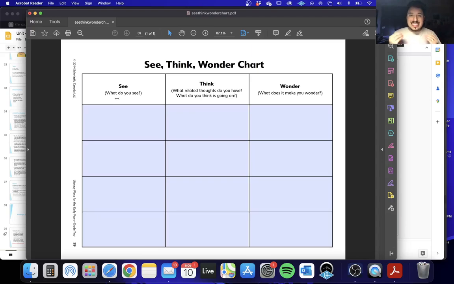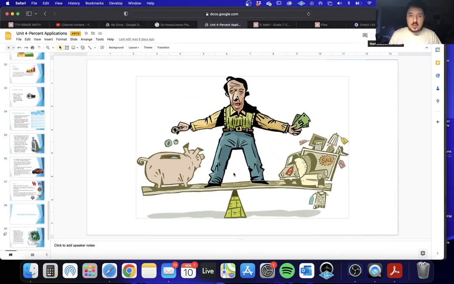Things that you can see on this picture right here. Now be careful. I don't want you to write things like, oh, I see that he's old. I want you to think about exactly, literally, what do you see on this picture? Just specifically only what do you see? What are actual items or little things on there that you see?